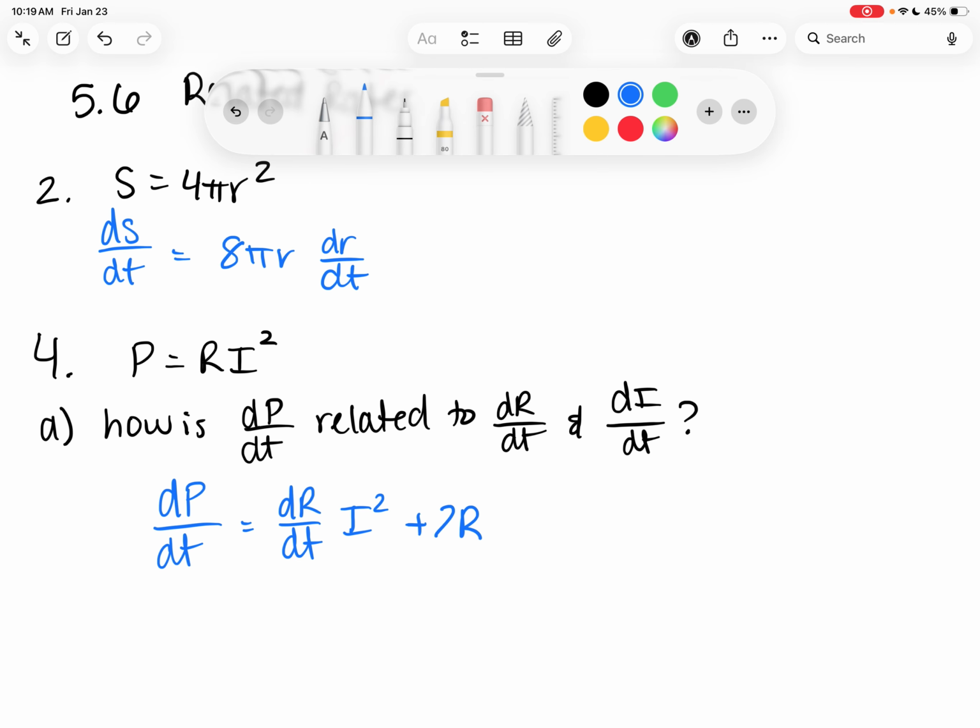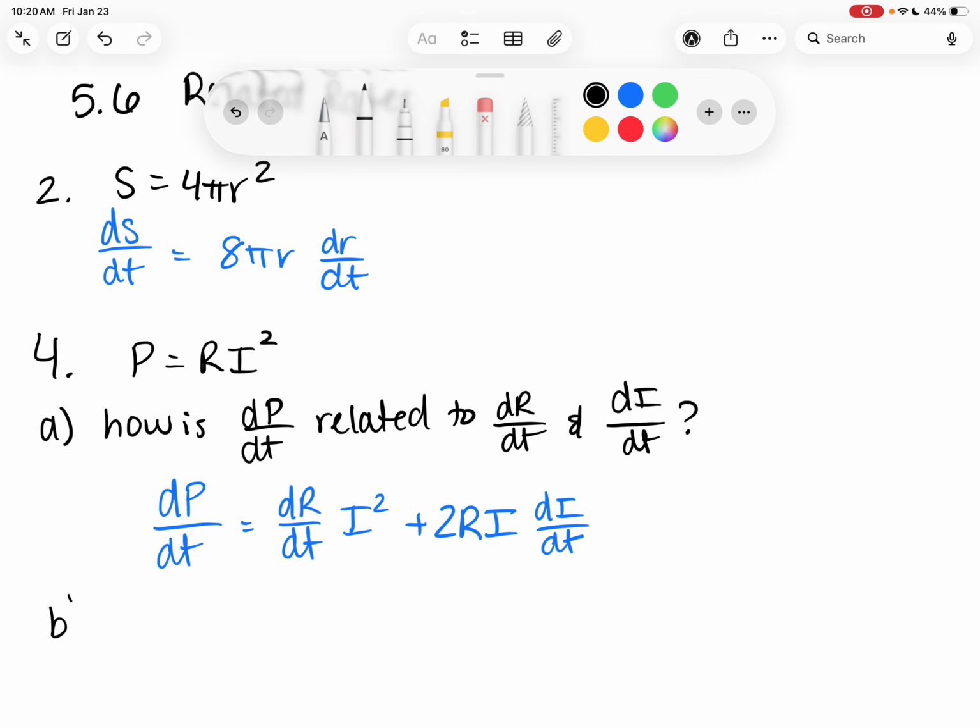I want to put the 2 in front of the r, so 2i di dt. There's really nothing else I can do with this other than reorder the letters, but I don't need to do that. So I would just leave that one there.